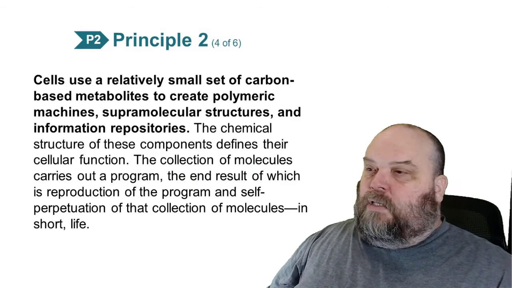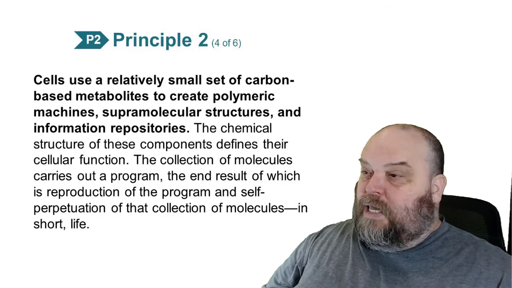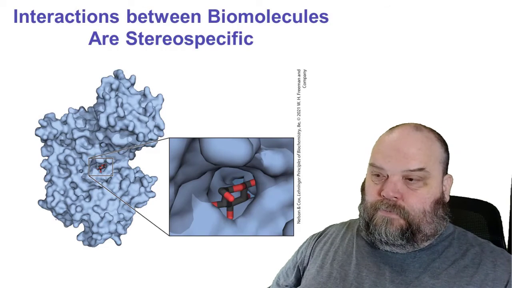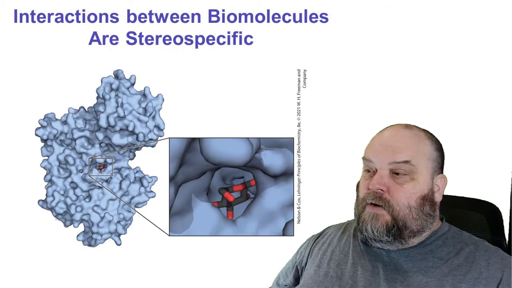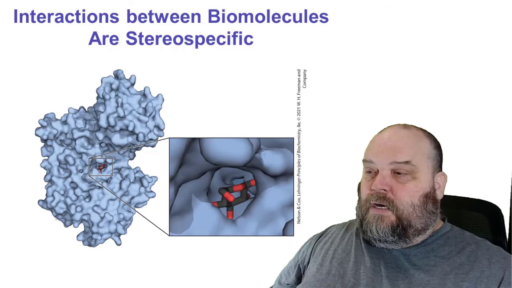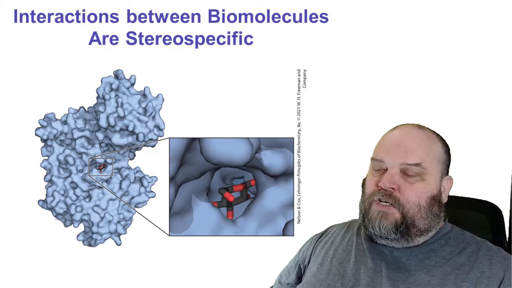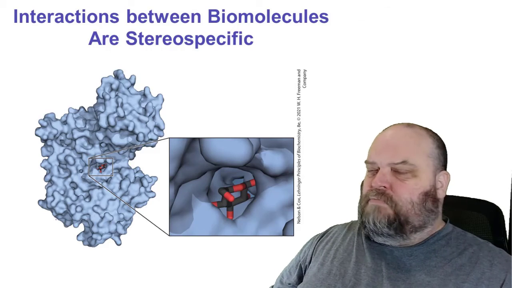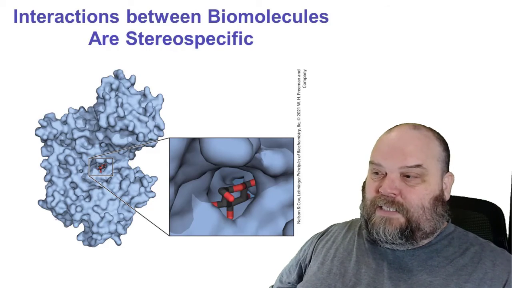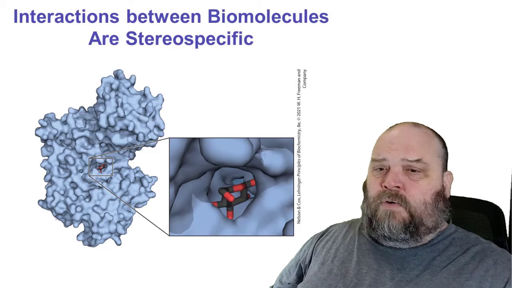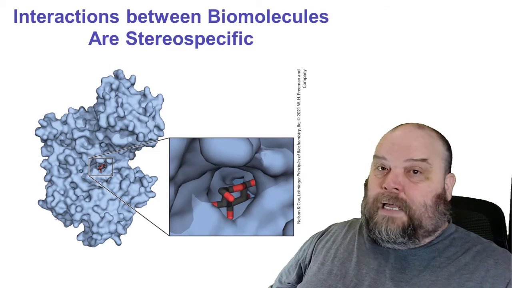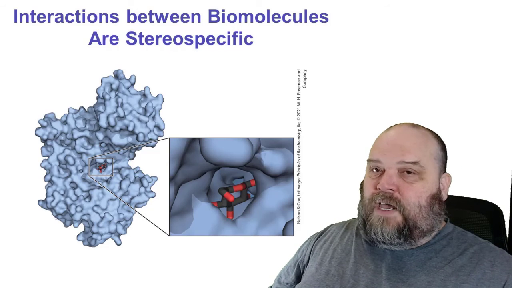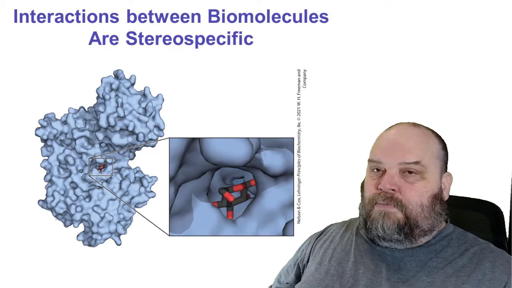When we start looking at biomolecules and this need for specificity, a great example is that big blue blob you see there, a 3D topographical representation of an enzyme. Don't know what enzyme it is. Don't care what enzyme it is. Hopefully you remember from cell and molecular or cell biology, if you've already taken that, with enzymes there's going to be an active site, a pocket where the substrate can fit in.